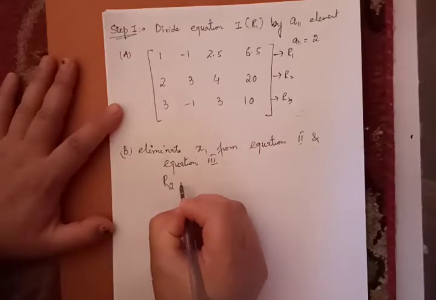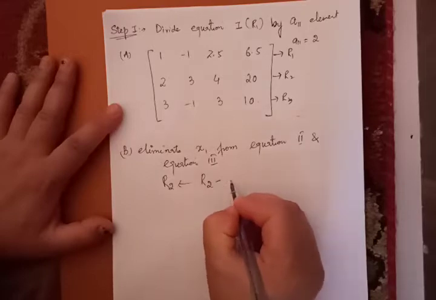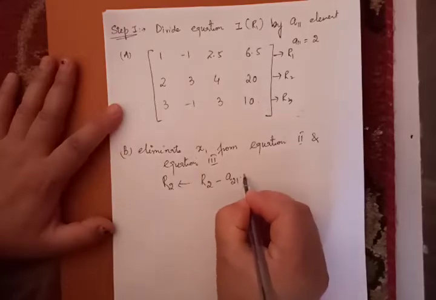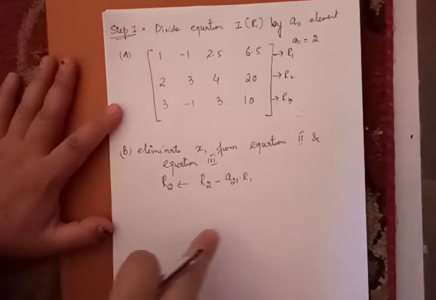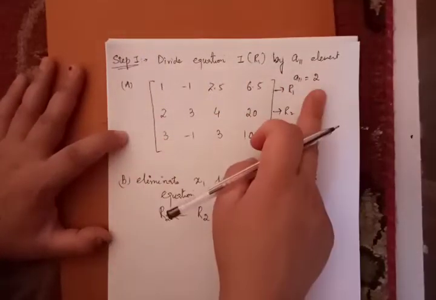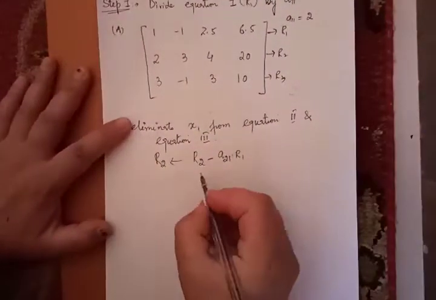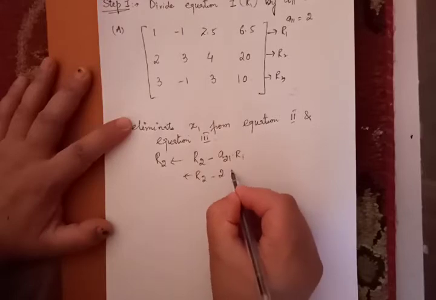So on R2, the transformation which we have to apply is R2 minus A21 times R1. Here we don't have to divide it with the first element, the reason being we have already divided the whole first equation with the first element. So this will be R2 minus 2 times R1.